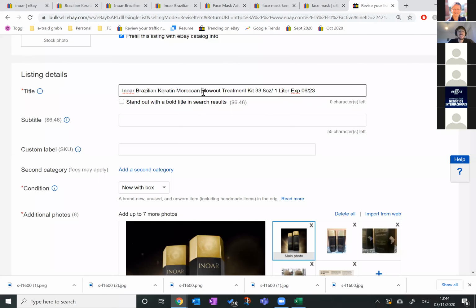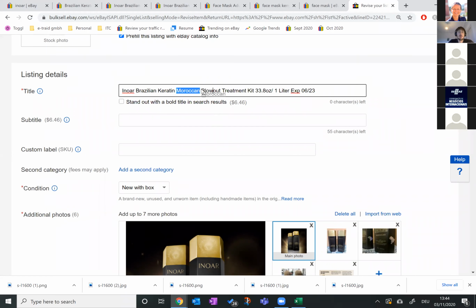But the most experienced sellers are using these keywords, so that tells me something about the customer. There are apparently customers that are interested in a Moroccan style treatment, and if we don't have Moroccan in the title, we're not going to get those customers.